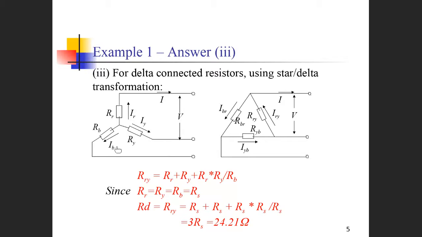For a star connection with star resistances R red, R yellow, R blue, the direct connection resistance between red and yellow is R red plus R yellow plus R red times R yellow over R blue. For balanced systems, red, yellow, blue are the same, which is the star connection value RS. So the direct connection resistance can be easily found, which is 3 times. Simply speaking, the delta is 3 times the star.